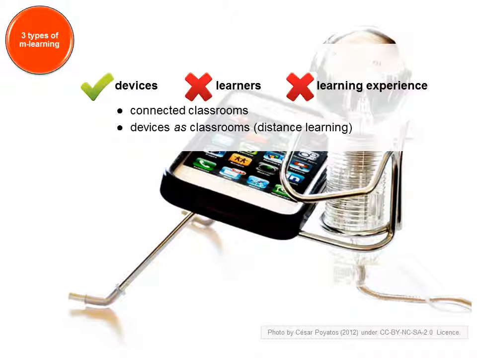They're sitting in one place, at home or in the office, where they can concentrate. Again, it's important that the devices are mobile, that they can be moved from home to the office and vice versa. But while the learning is taking place, neither the learners nor the learning experience are actually mobile.